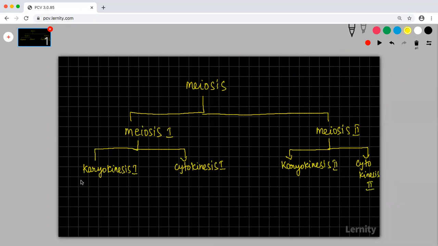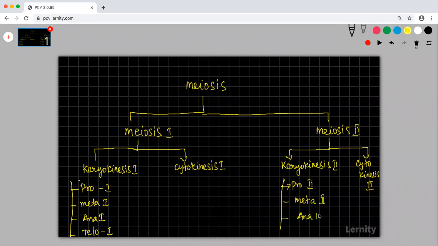In karyokinesis 1 you would have studied prophase 1, metaphase 1, anaphase 1, telophase 1. Again here you have prophase 2, metaphase 2, anaphase 2 and telophase 2.